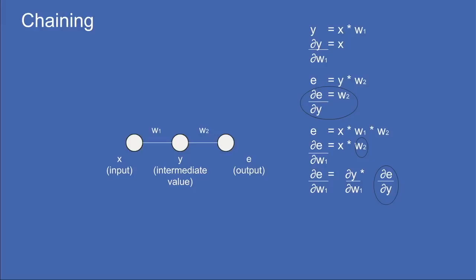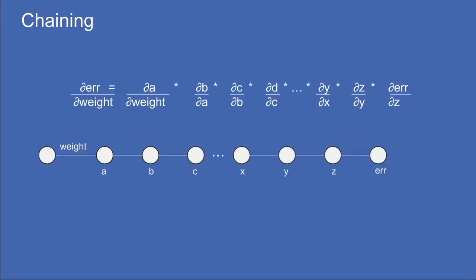We can actually break it down into steps and say, okay, if I change W1, how much does y change? And then if I change y, how much does the error change? This is chaining, and this is what lets us, if we know which way we want to change the error, calculate how much we can change this weight to help that happen. And there's nothing to prevent us from doing this again and again.